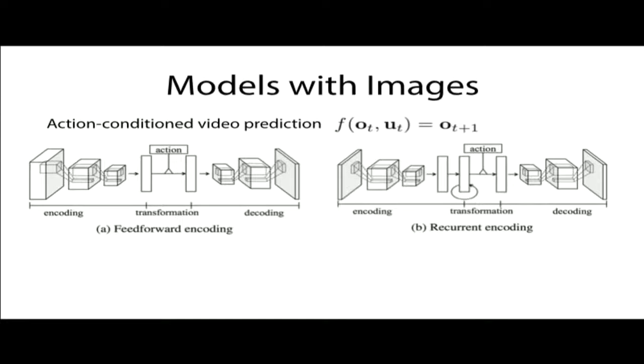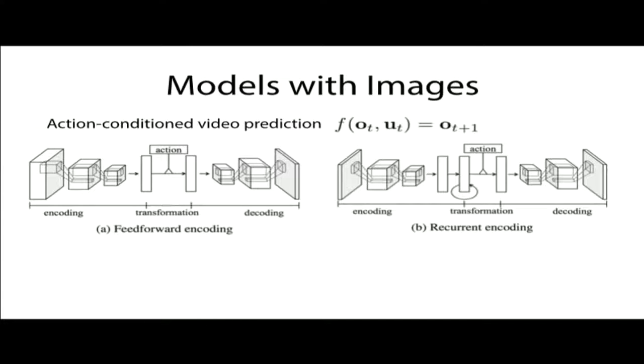That hidden state is what maps the recurrence and keeps around information of the past images that were seen rather than just the image that was passed in. Then it takes that recurrence, adds the action into the network, and decodes to the next frame.